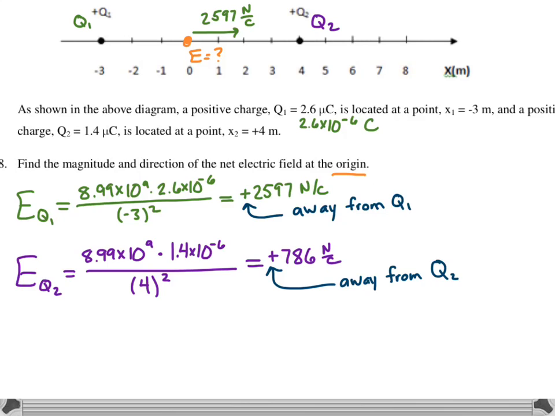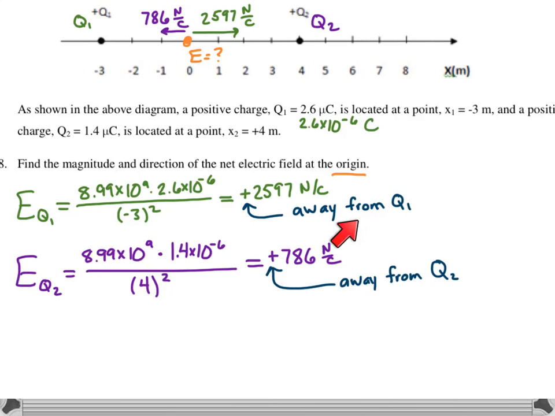But in this case, away from Q2 means toward the left. So the electric field from Q2 is actually pointing toward the left. The electric field from Q1 is pointing toward the right, even though they both have a positive sign in front. That's where we have to be very, very careful.